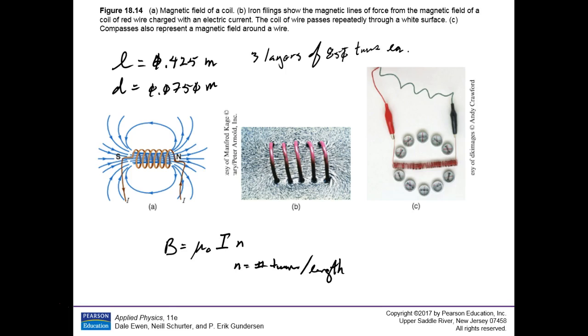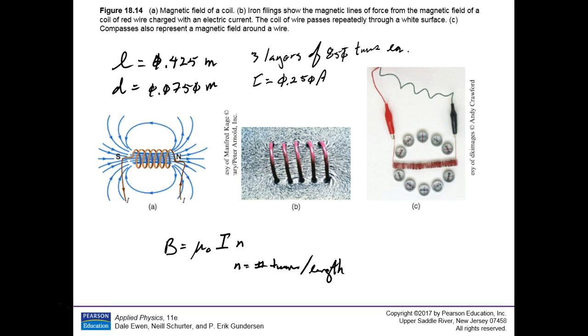When 0.25 amps flows throughout. So the current I is 0.250 amps, a quarter of an amp, flows throughout the coil. So we've got that 0.250 amps.